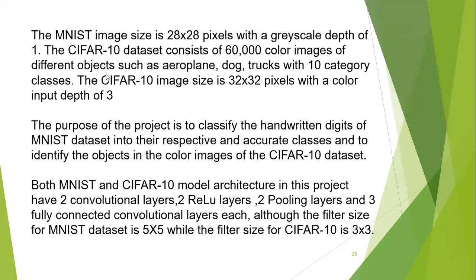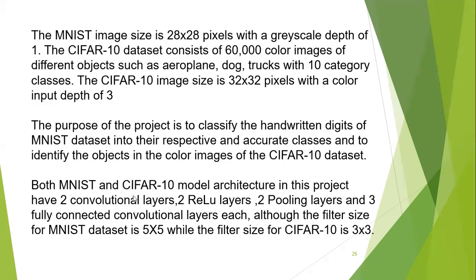The CIFAR-10 image is 32 by 32 pixels with a color depth of 3. The purpose of this project is to classify the handwritten digits of the MNIST dataset into their respective classes, and to identify objects in the color images of the CIFAR-10 dataset.